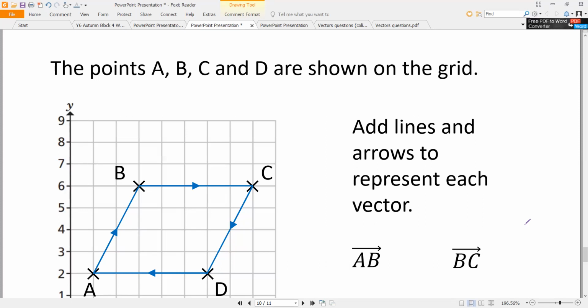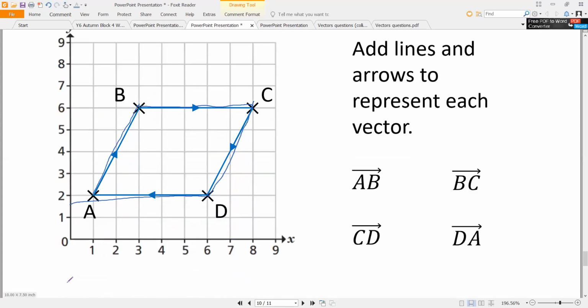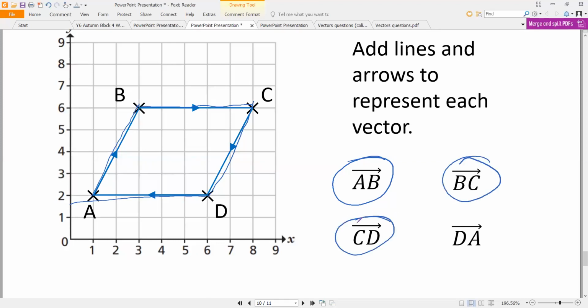So look at this. From A to B, this is the line. From B to C, this is the line. From C to D, this is the line. And then from D again to A, that's the line. Okay, so the vector AB, what is the vector AB? Vector BC, vector CD, vector DA.